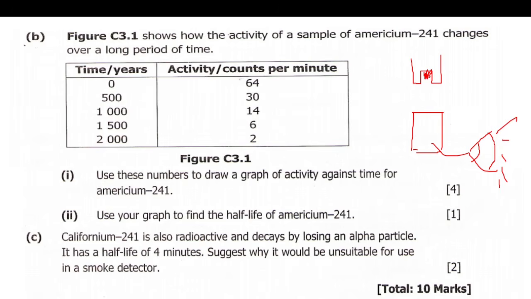The source, if made of californium, will be emitting alpha particles that will be coming this way. Every 4 minutes it will be emitting particles coming this way.